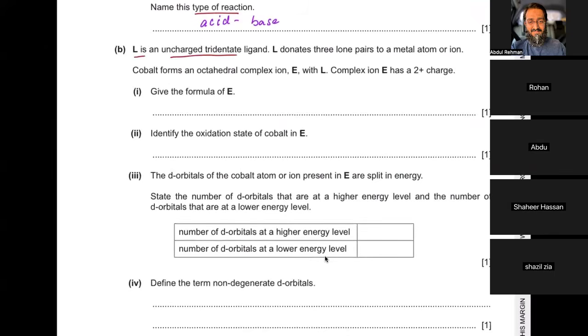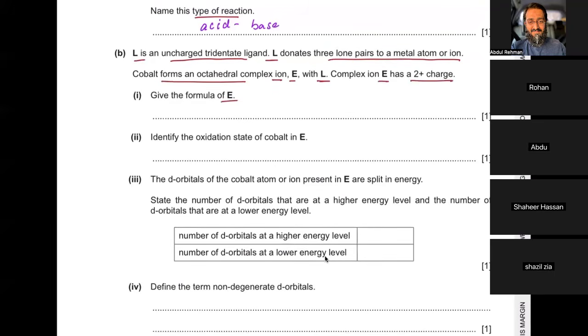Now, B. L is an uncharged tridentate ligand. L donates 3 lone pairs to a metal atom or ion. Cobalt forms an octahedral complex ion E with L. Complex ion E has a +2 charge. Give the formula of E. Okay, E is going to be Co L3 with 3 positive charge.